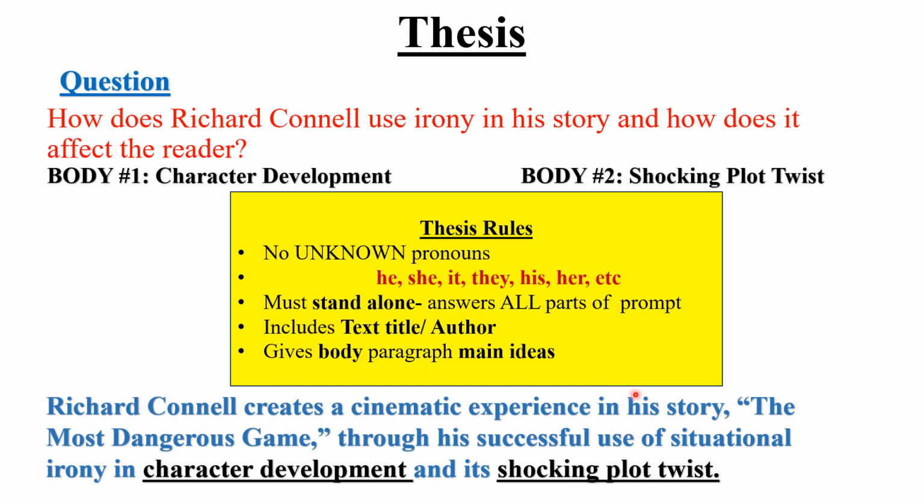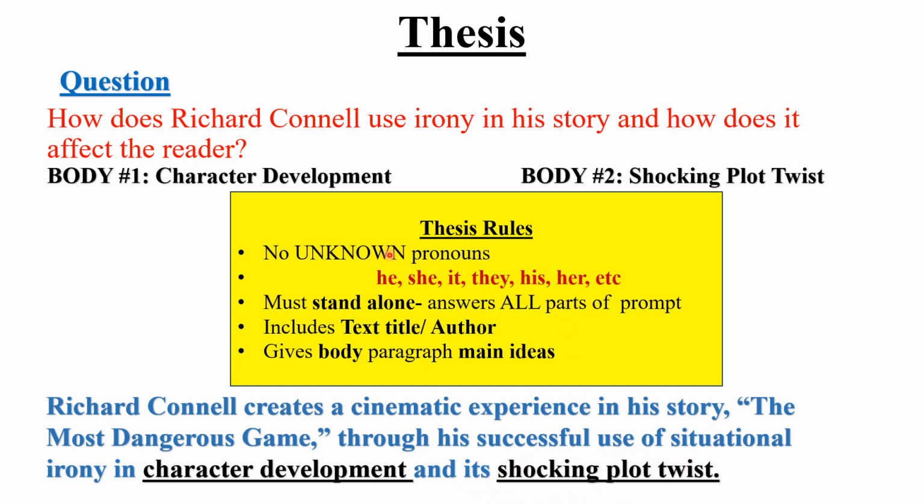I do have the word his right here, but I know who his is. It's Richard Connell, so I'm allowed to use his because I already told you who Richard Connell is. Through his successful use of situational irony, again, his is Richard Connell, and it would be successful use of situational irony in character development. And so situational irony is it.